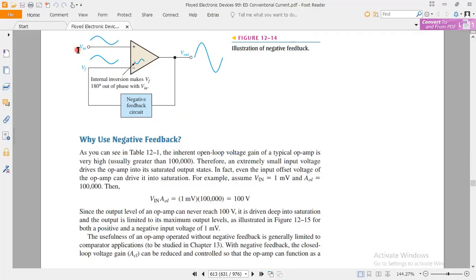By providing 1 millivolt with an open loop gain of 100,000, we got 100 volts at the output side, because of the very high gain of the open loop of an op-amp. So we have to use negative feedback, since the output level of an op-amp can never reach 100 volts by providing an input voltage of 1 millivolt.